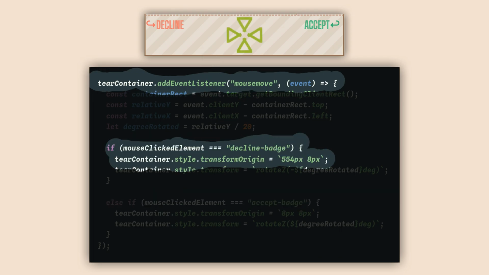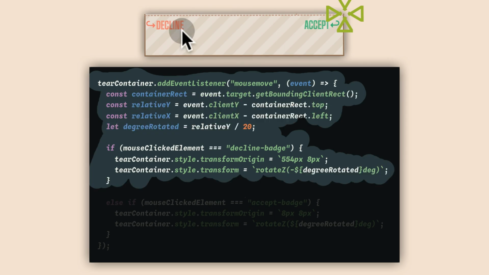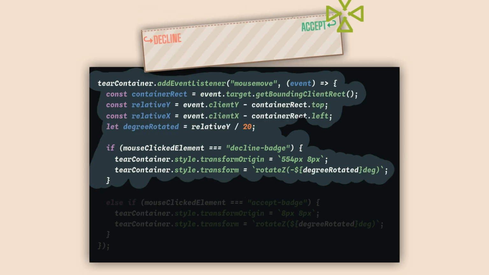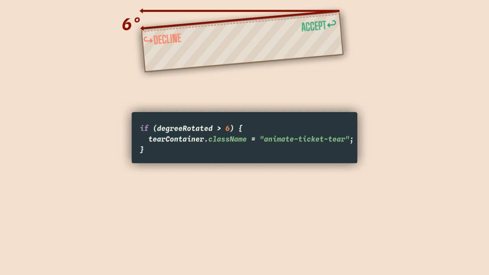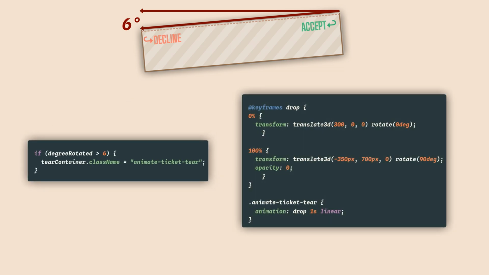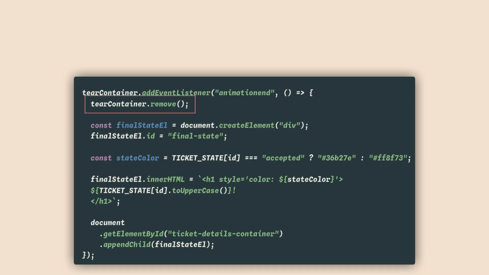We then move the anchor point of the container using transform origin and rotate it along the z-axis based on how much the mouse has moved. When the rotation goes beyond a threshold, I append a class that animates and gives it a paper falling effect. Lastly, we remove the container from the DOM and add a heading instead.